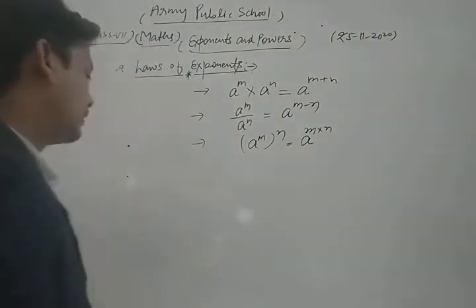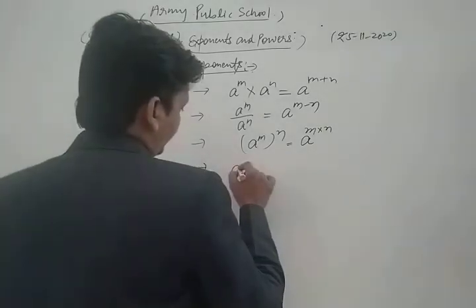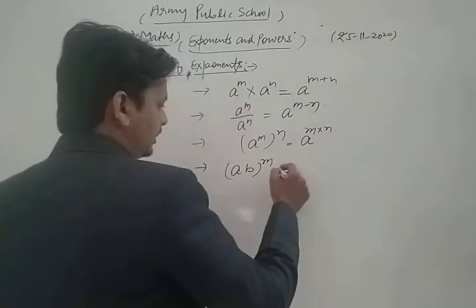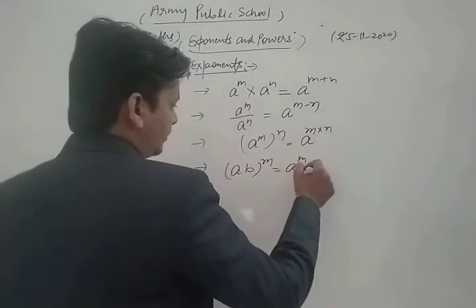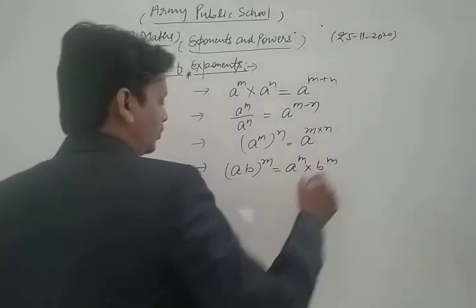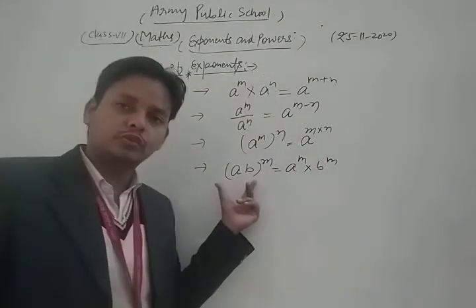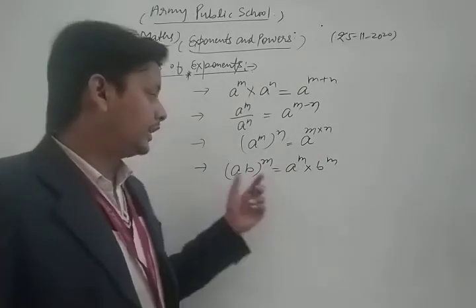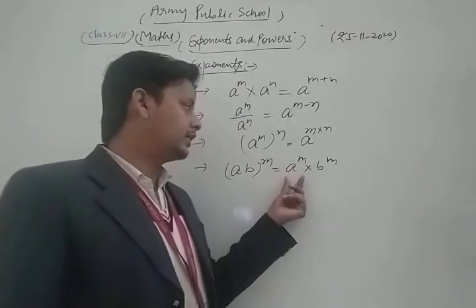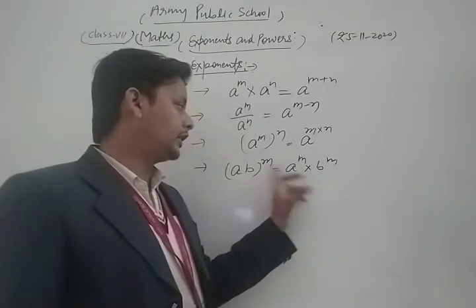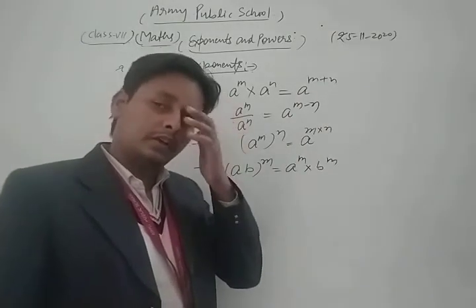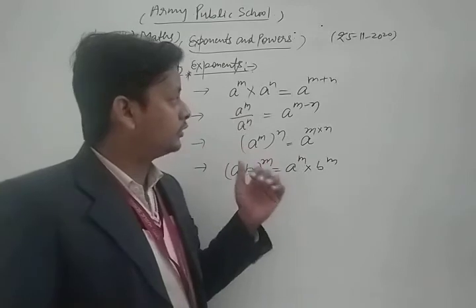This is also a very important law of exponents. Suppose we have a b to the power m, then we write a to the power m into b to the power m. If we have a upon b to the whole power m, then we split that bracket and write a to the power m upon b to the power m. So these are some important basic laws of exponents involved in your chapter.